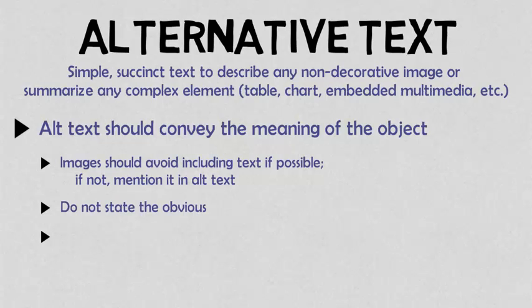The alt text should not state the obvious. For example, using "an image of" at the beginning of the alt text on a picture is not necessary. In addition, the alt text should use appropriate language and level of detail for the intended audience. For instance, using scientific terminology in a journal article, but more generic terminology for a publication geared to a more general audience.